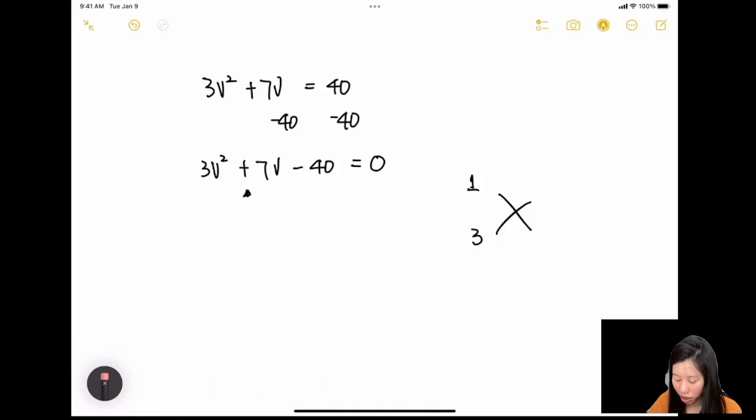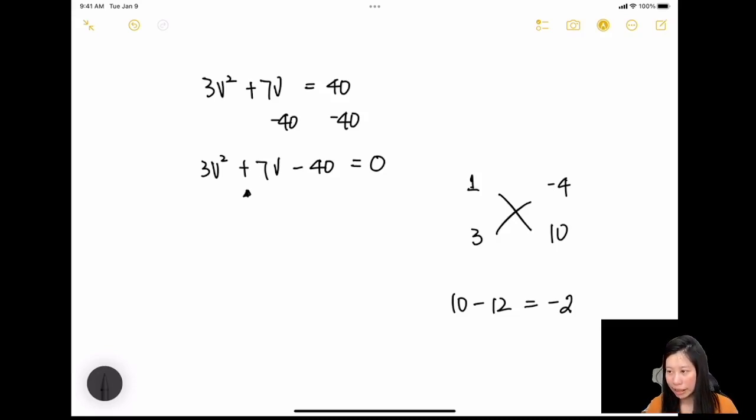Let's try 4, negative 4 and 10. 1 times 10 is 10. Negative 4 times 3, we have negative 12, which is negative 2. No, still doesn't work. We want 7. Let's keep trying.